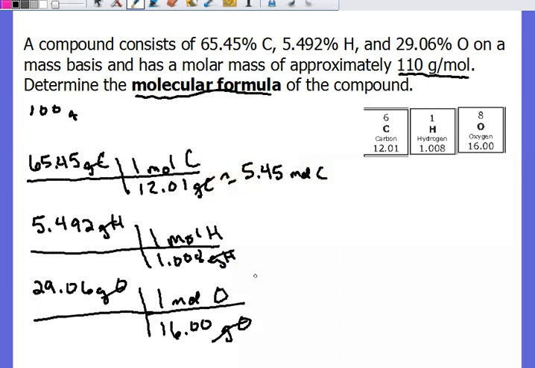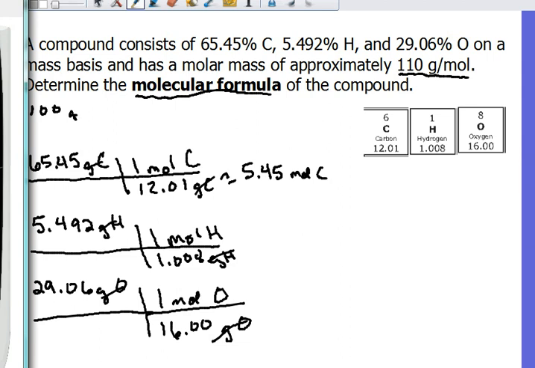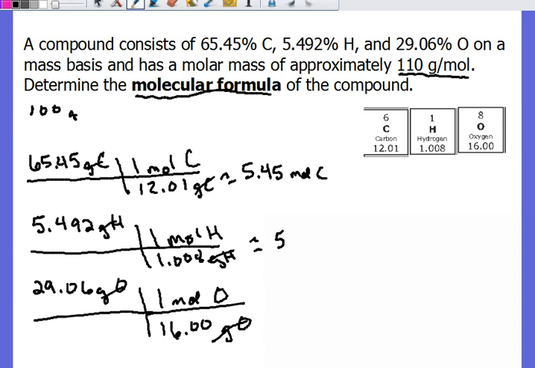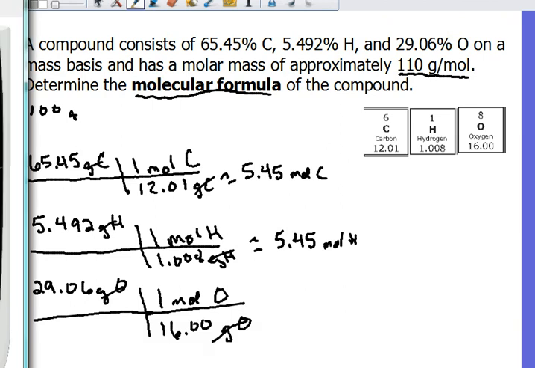You take your hydrogen, 5.492 divided by 1.008, and you'll get about the same thing, 5.45 moles of H. And you'll take your oxygen portion, 29.06 divided by 16.